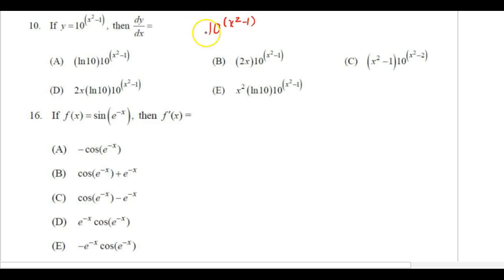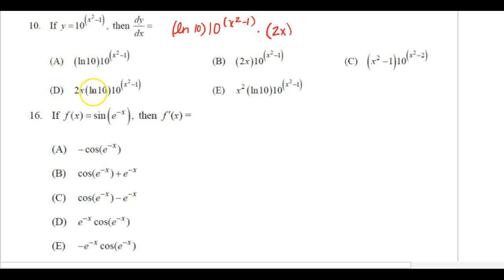And then because the base was 10, I'm going to have a natural log 10 involved. And because it was an entire function of x here, I'm going to multiply by the derivative of what was inside, in that exponent, and the derivative of that is 2x. So now we just need to look for which one matches that, which is option D.